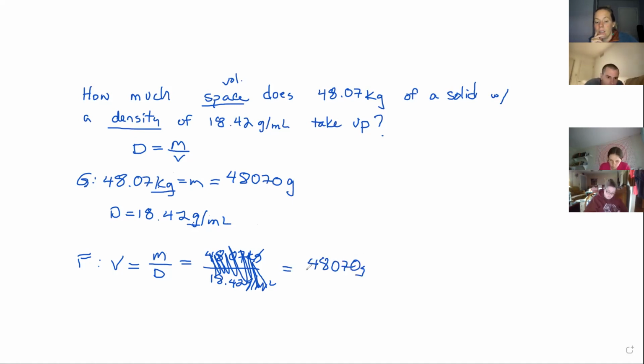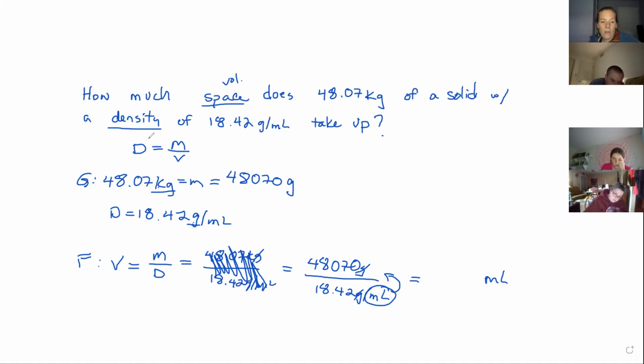Now we can plug this into our equation. 48070 grams divided by our density, which is 18.42 grams per milliliter. Grams will cancel, and anything below a division bar and below a second division bar or divide becomes a multiplier, or it goes back up on the top. So we'll have a unit of milliliter here. When we plug this into our calculator, I got 2,609.66.